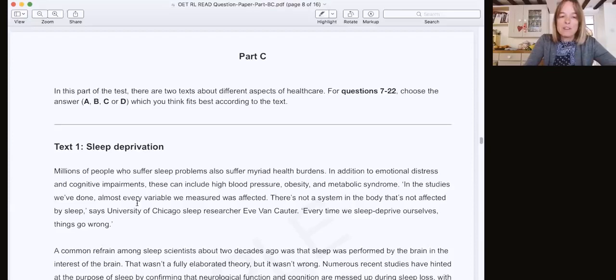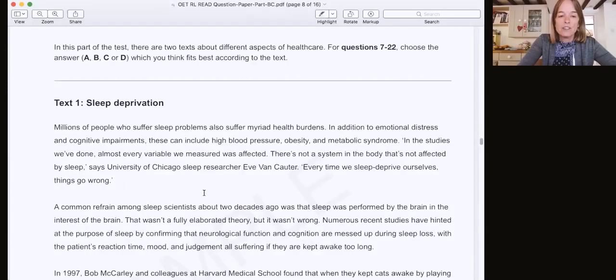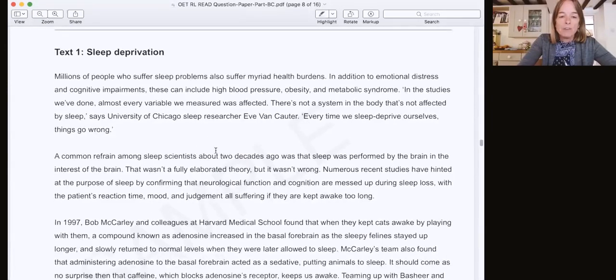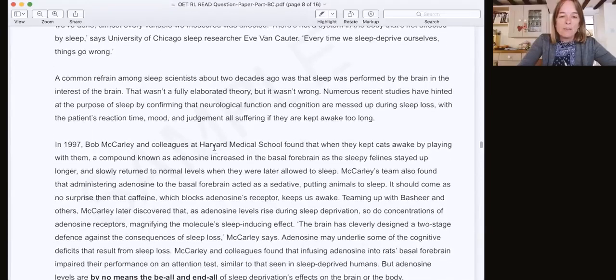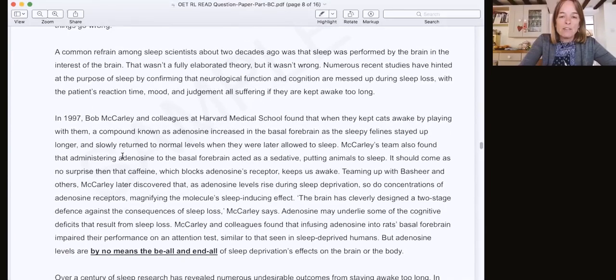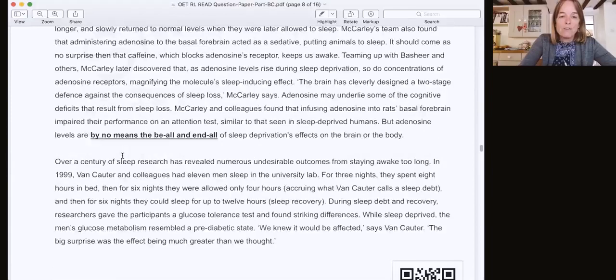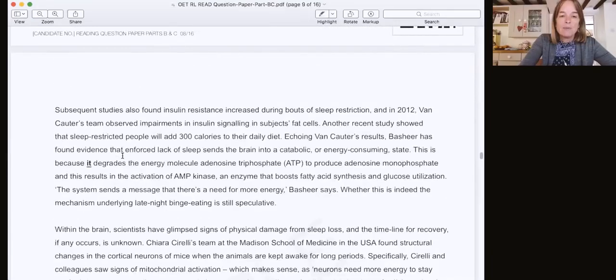For example, you know that the heading is sleep deprivation, so you're already trying to predict the information that's going to be conveyed. I would skim read the introduction, and then, if you have time, read the first sentence of each paragraph. But really skim.